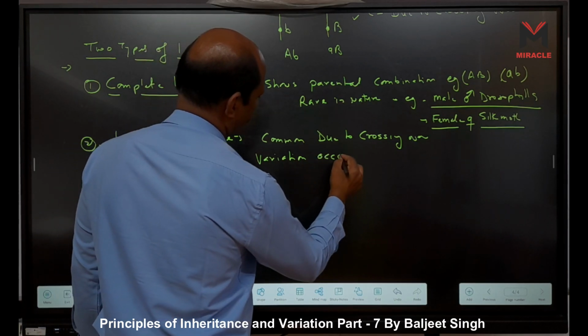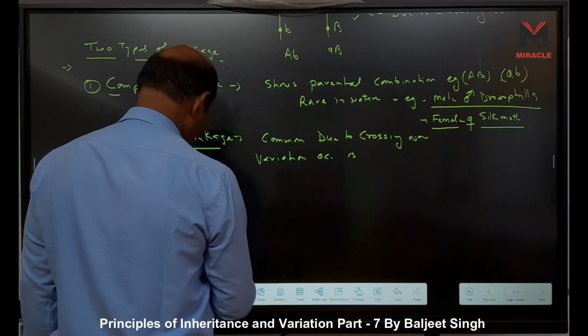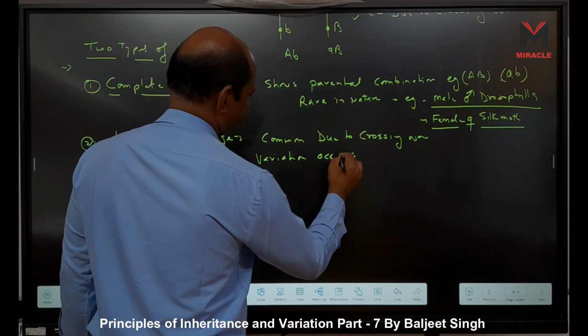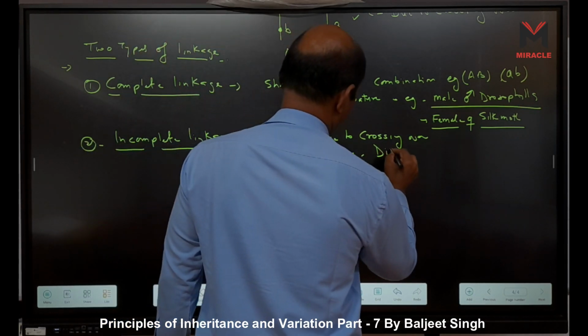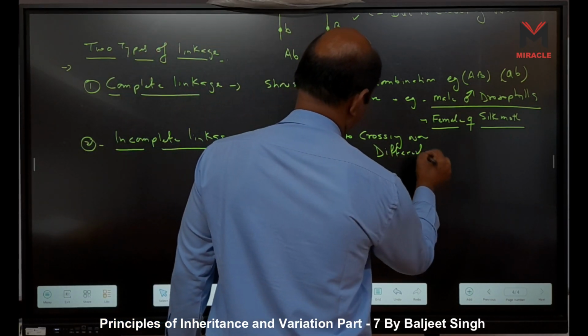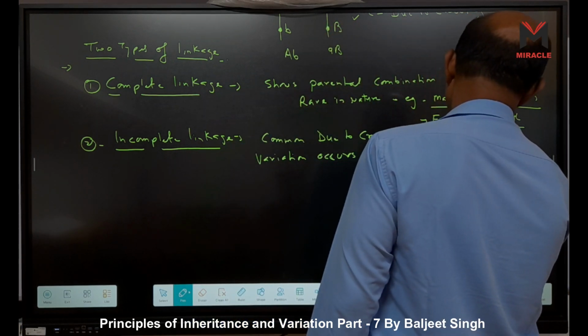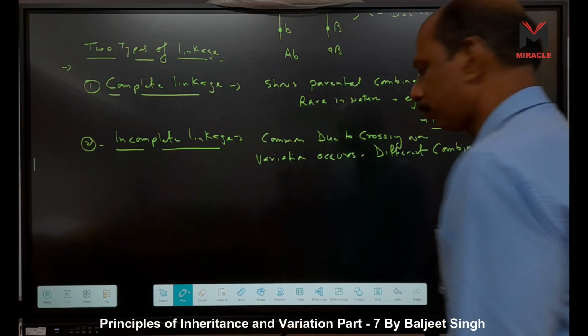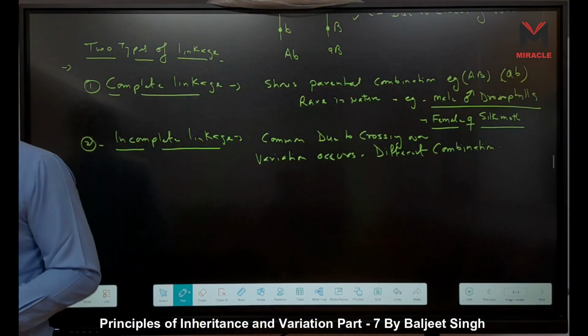Very different types of combination we can see here. Different combination happens here, right? So this one is called incomplete, right?